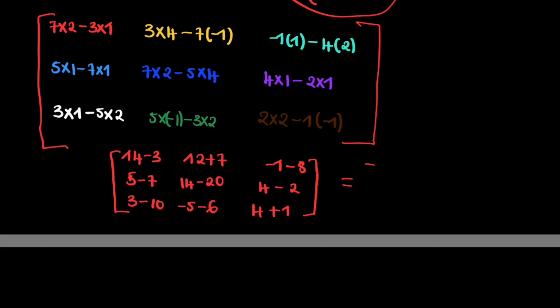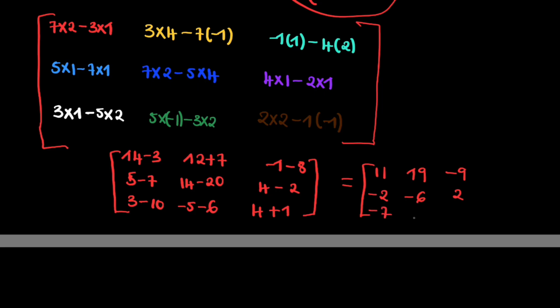So all these together, 14 minus 3, that's 11. 12 plus 7, 19. Minus 1 minus 8, minus 9. 5 minus 7, minus 2. 14 minus 20, minus 6. 4 minus 2, 2. 3 minus 10, minus 7.